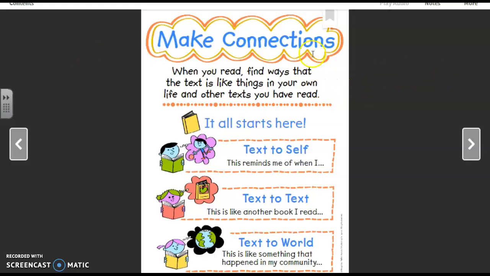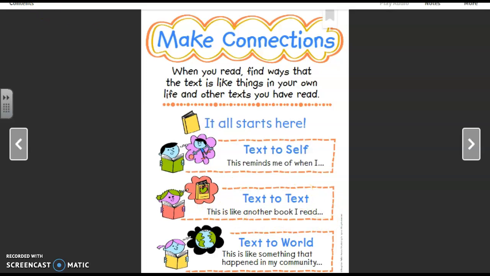As we're reading our story today, we're going to be thinking about making connections. When you read, you find ways that the text is like things that you know about, okay? You might think of something that you've heard in a book before. All right, that is like text to text.